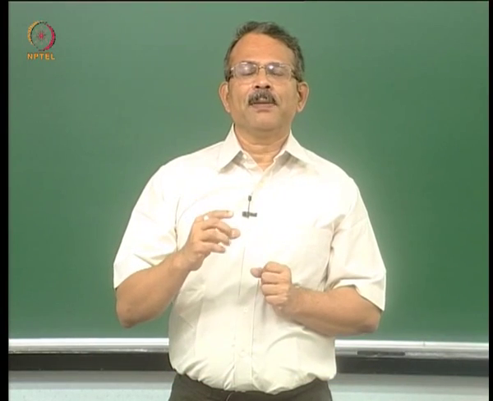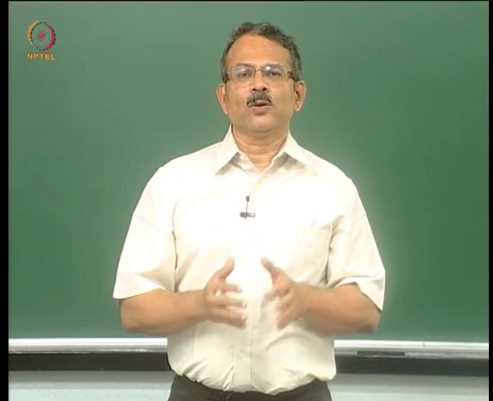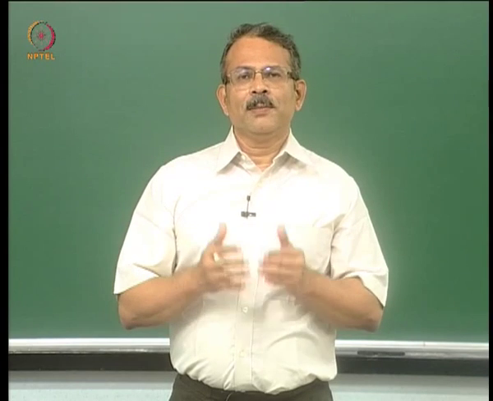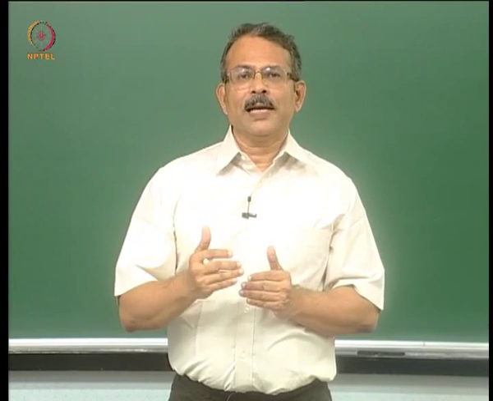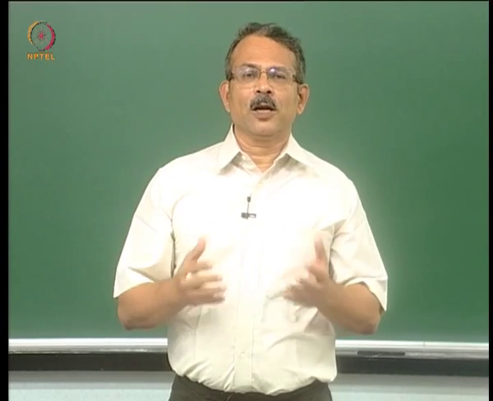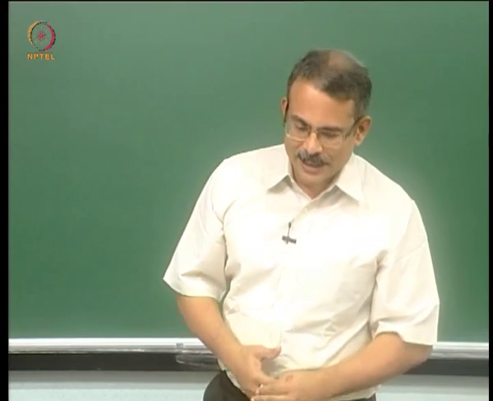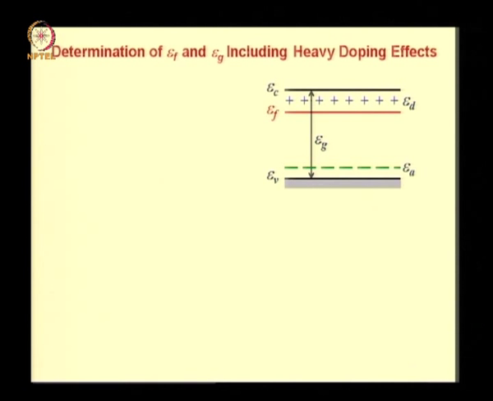What we want to do here is to slightly improve upon that formula and include heavy doping effects, when the energy gap can decrease as compared to low doping, and the Boltzmann statistics for electrons may not be valid, and you will have to use Fermi-Dirac statistics. So this is your energy level diagram relevant to this problem.